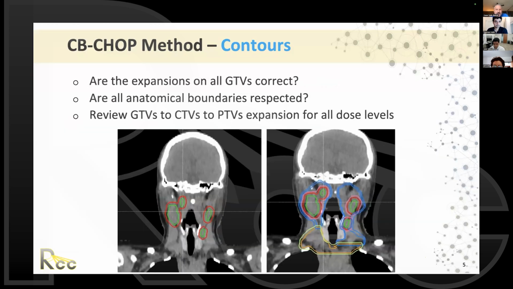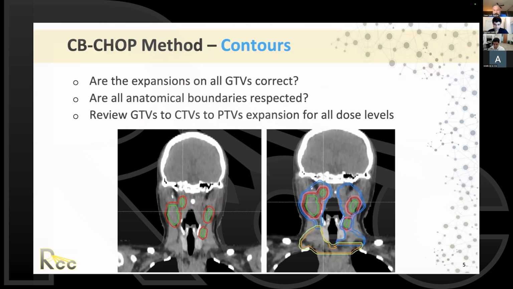Excellent. Thank you, Nauman. After we are okay with all the contours, we create expansions from the GTV to create the extra target volumes. So make sure that all the expansions from the GTV to create the other target volumes are correct.